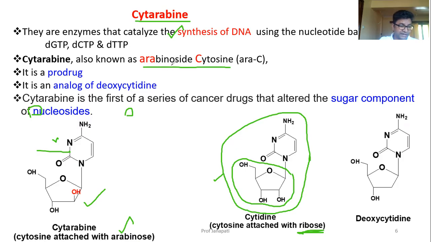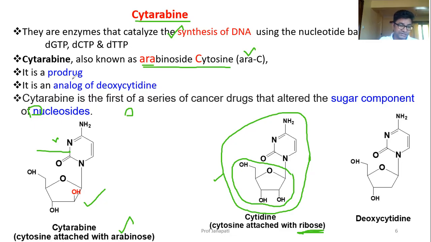Arabinoside is the sugar and cytosine is the nucleic acid base. If you combine the first three letters and C, it is also called Ara-C.